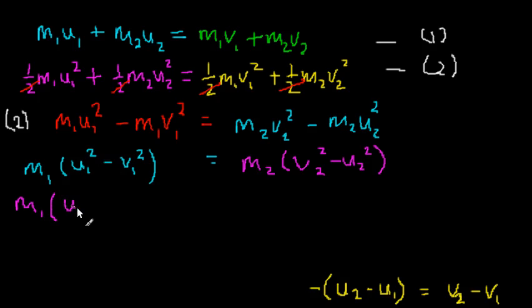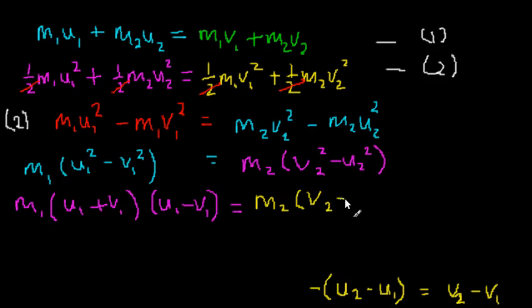That would be u1 plus v1 times u1 minus v1. And likewise, I'll factorize the right side. That gives me m2 times v2 plus u2, and v2 minus u2.